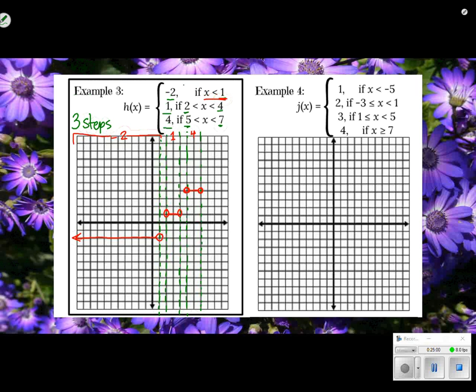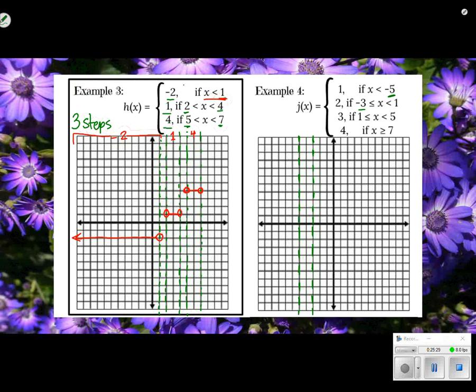Okay, so you should have a vertical line at -5, right there, because this right here is a -5. You should have a vertical line at -3, because that's a -3.